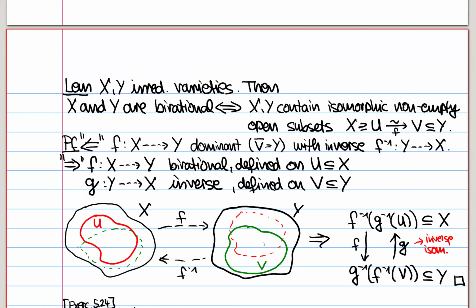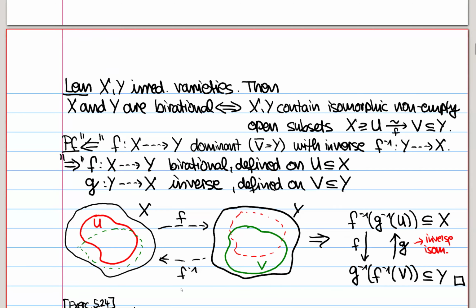You have to think a bit about which is the best open subset to take. Essentially what you want to do is start with U here, and then take the inverse under this composition.